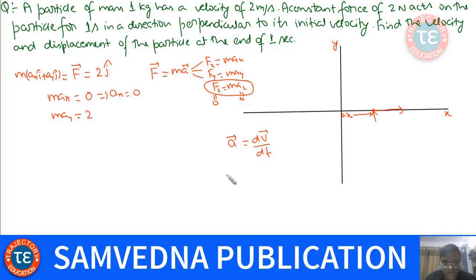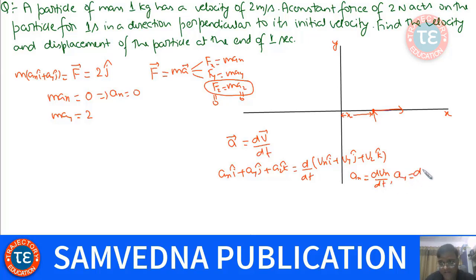And see, when I say acceleration is dv by dt, if I write this acceleration component wise, a is axi, ayj and azk, and v is vxi, vyj and vzk. So that means ax is dvx by dt, ay is dvy by dt and az is dvz by dt.